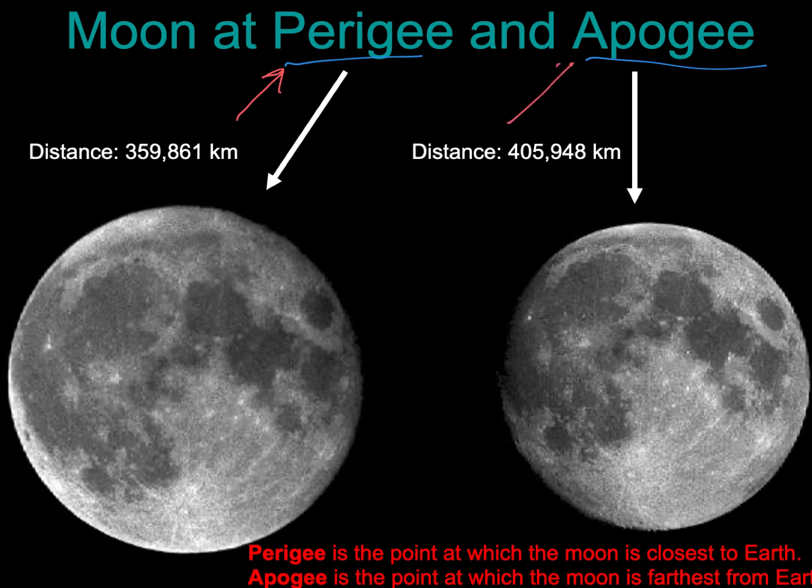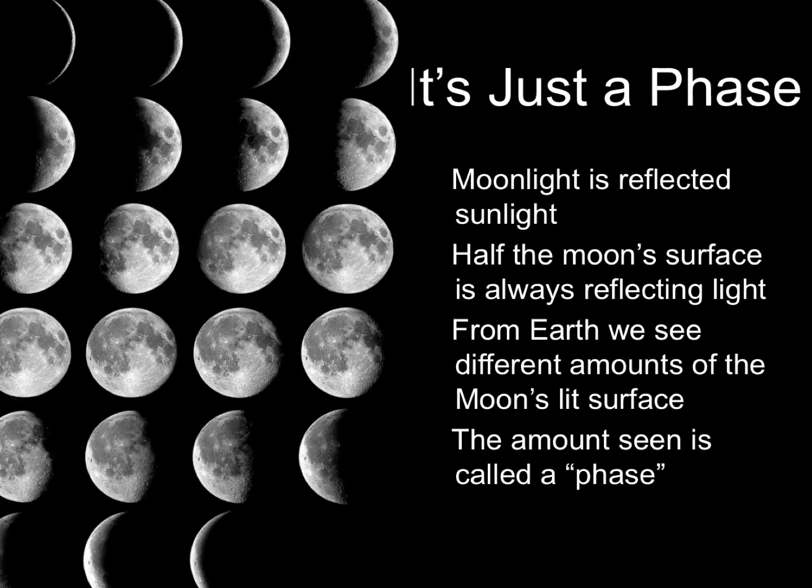Notice that these two words are similar to the words perihelion and aphelion we talked about earlier. The prefixes peri and ap still mean close and farther away, but the suffix "gee" refers to the Earth. Remember that geology is the study of Earth.